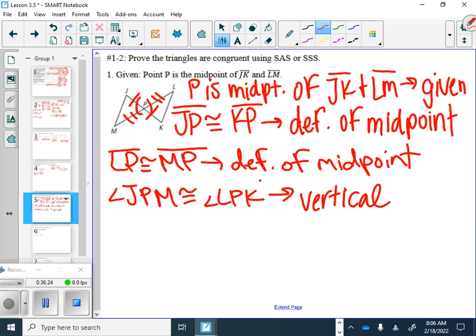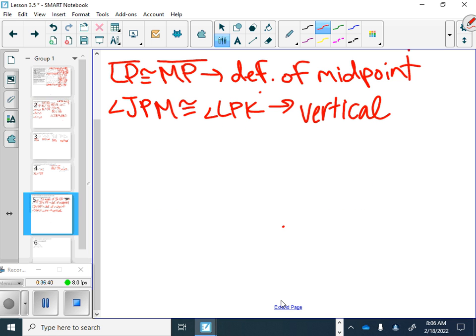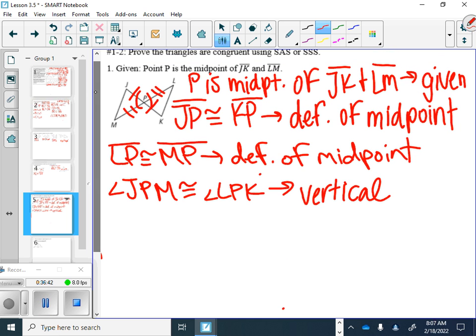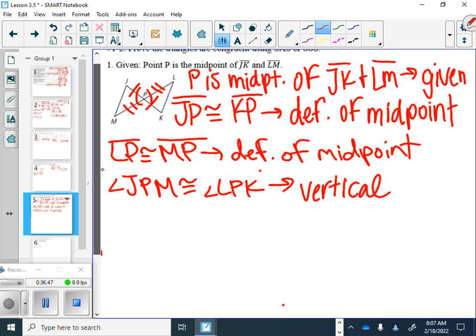Okay, so let me ask you this. Do I have a side? Yes. Do I have an angle in between the two sides? Yes. So how are these triangles congruent? Side, angle, side. Good. SAS. So now that I've said all that, I've stated each thing. I listed my givens, I talked about the two sides, and I talked about the angle.